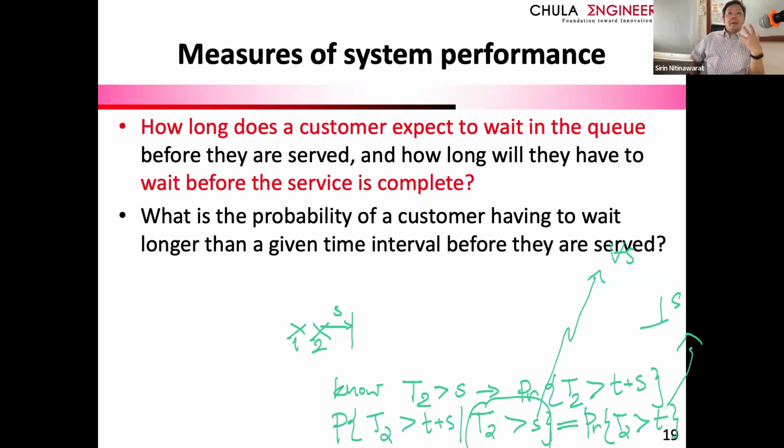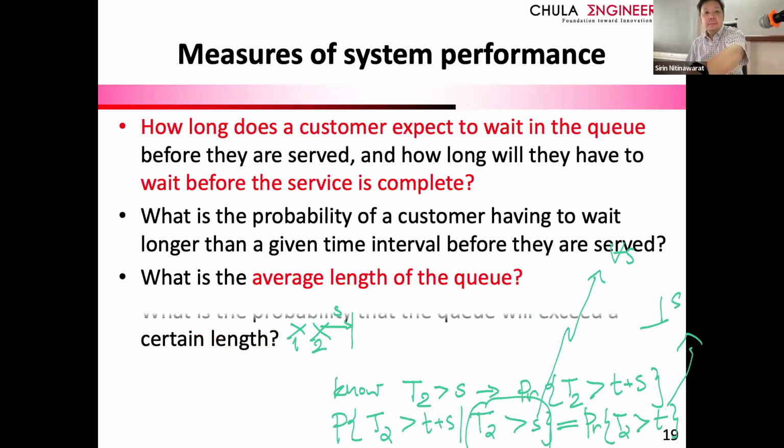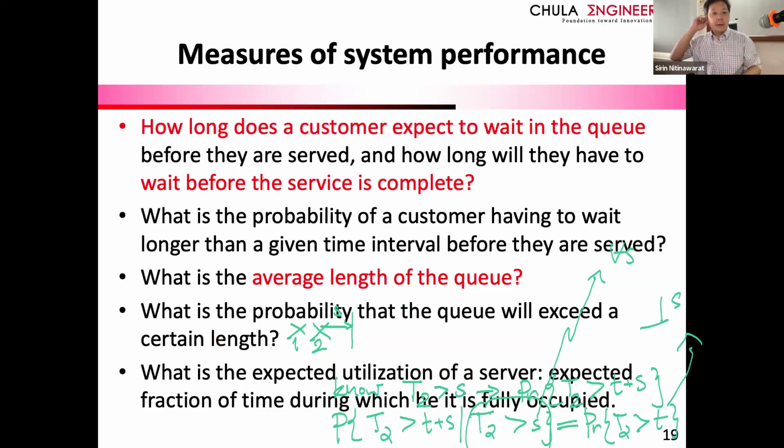But if you want to ask more refined questions, you can look at probability distributions. Another very important metric is the average length of the queue. A more refined question is to look at the queue length in terms of probability distribution and ask what that probability distribution should be.